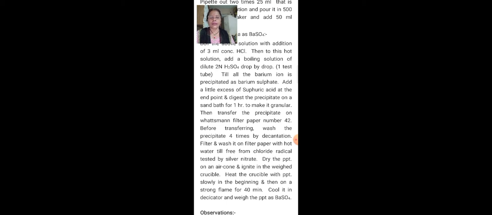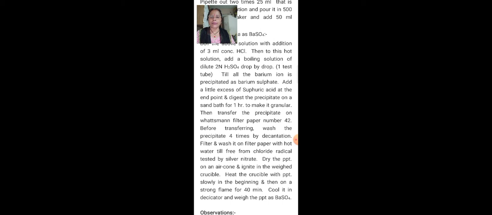If the test tube shows a curdy precipitate on adding silver nitrate to the filtrate, we have to wash again and again, till the filtrate gives no precipitate. But if the solution only has a whitish color, don't worry about it; you can carry on with the practical.